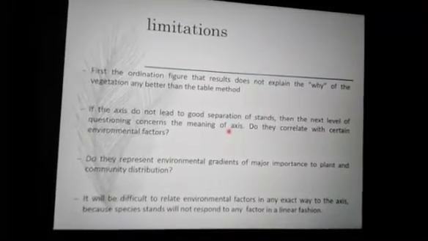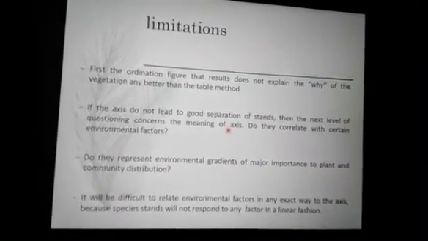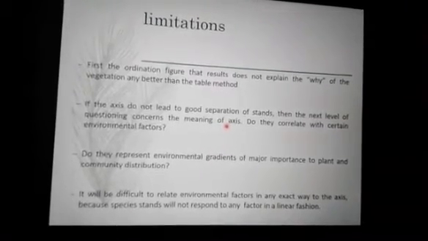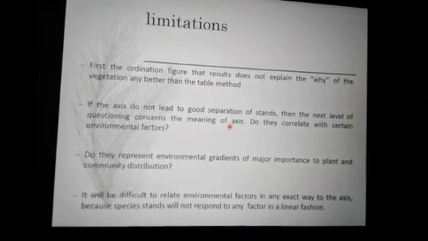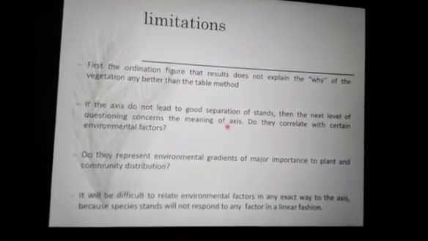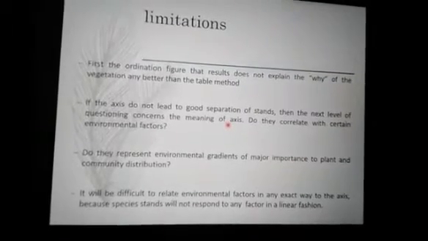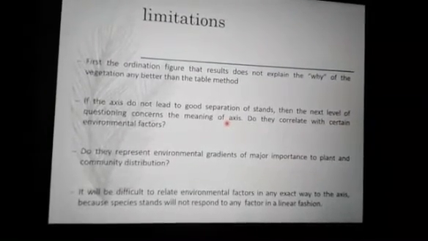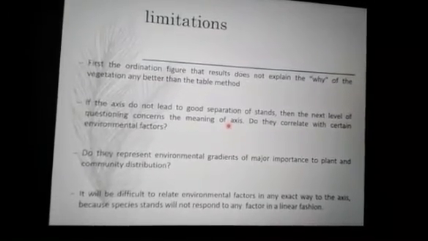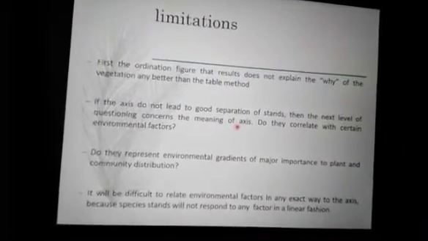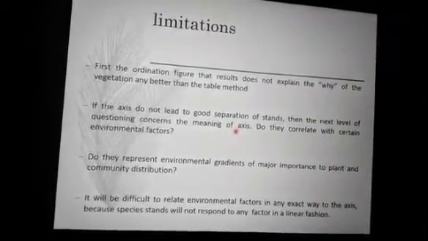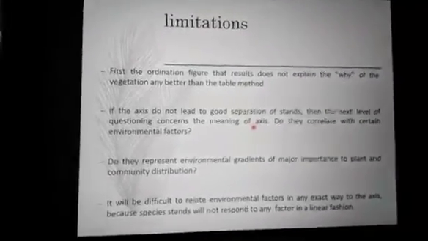Do they correlate with certain environmental factors? Do they represent the environmental gradients of major importance to plant and community distribution? It will be difficult to relate environmental factors in any exact way to the axis because species and stands will not respond to any factor in a linear fashion.